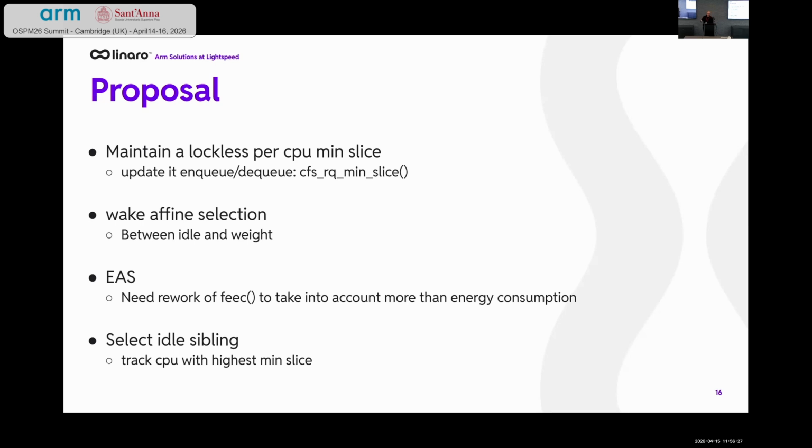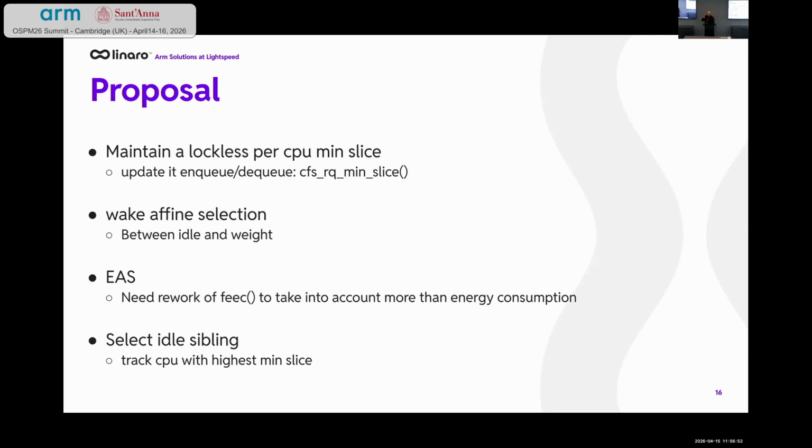So once we have that, then we can do a first pre-selection in the wake affine, typically. So idle CPU is always better because we will run first. We will probably have some exit idle latency problem, but that will be another problem. And before, so in wake affine, we are looking at idle and then wake.